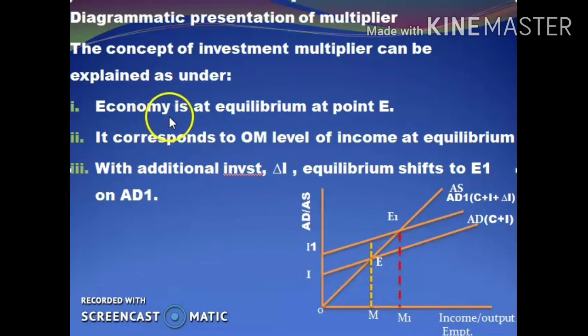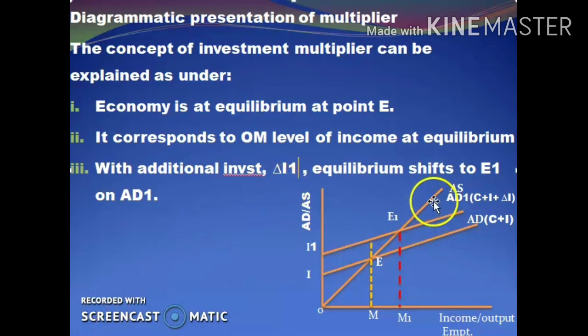Just see, the economy is at equilibrium at point E. It corresponds to OM level of income at equilibrium. Next, with the additional investment delta I, equilibrium shifts to E1 on AD1.